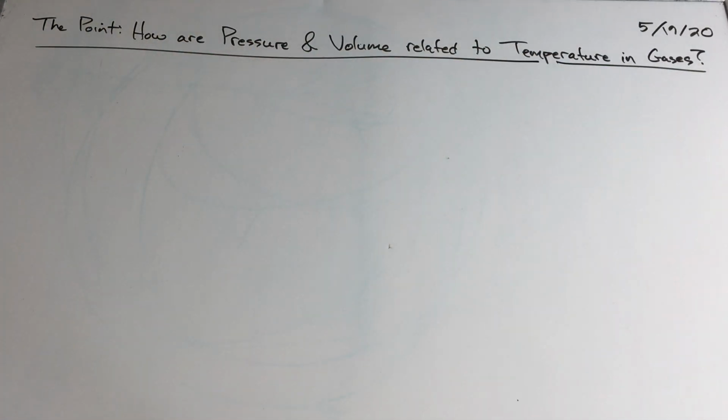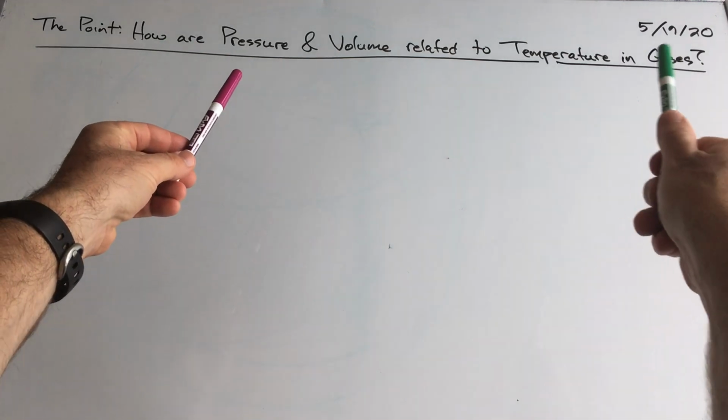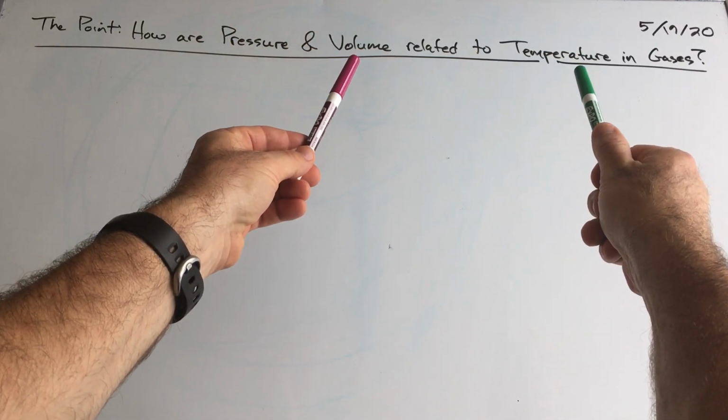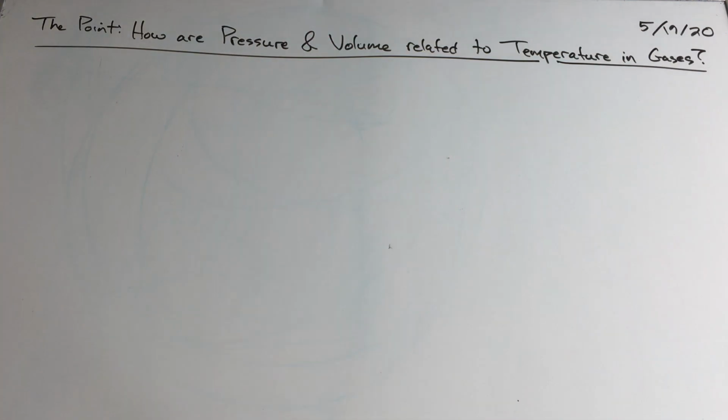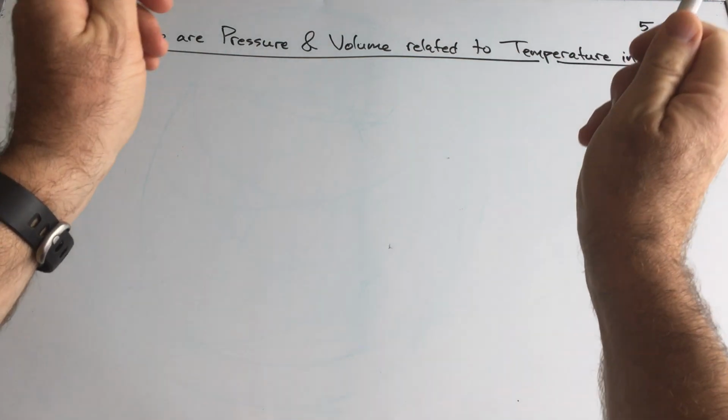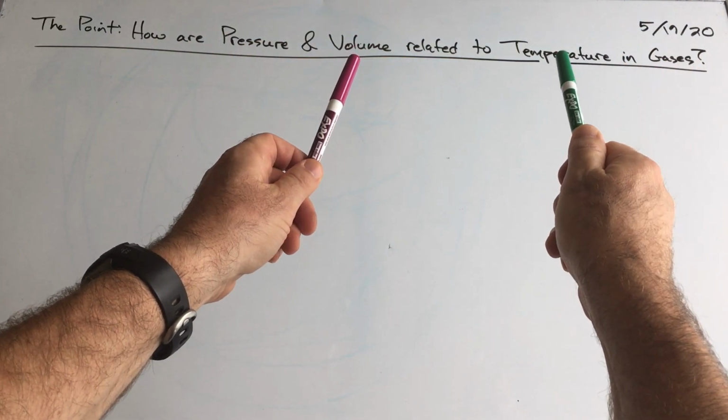So how are pressure and volume related to temperature? We're going to be looking at these separately. We're going to look at pressure versus temperature, and then we're going to look at volume versus temperature. So it's actually two mini classes combined in one. How are pressure and temperature related, and then how are volume and temperature related?